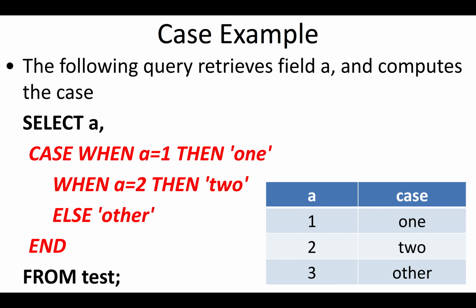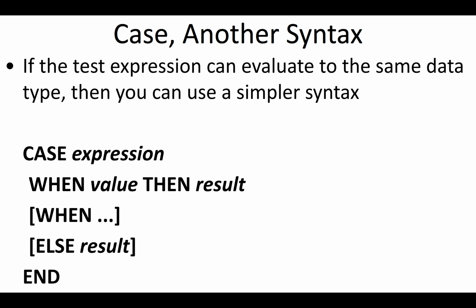So there's this syntax where these could be individual predicates, right? Or another syntax where it's more common to what we already know of the switch case statement, where you only have a single expression, and then that expression is compared against multiple values, right?